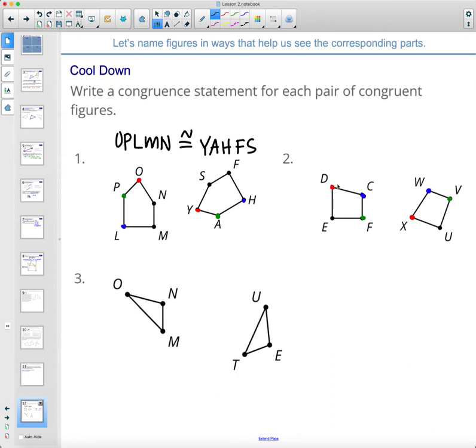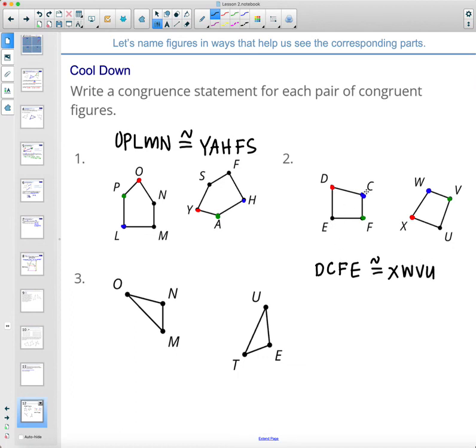You can start with D if you want to. You just have to do the same order over here. So if I start with D, that's fine. I can go D, C, F, E. So I'm going red, blue, green: red, X, blue, W, green, V, and then U.